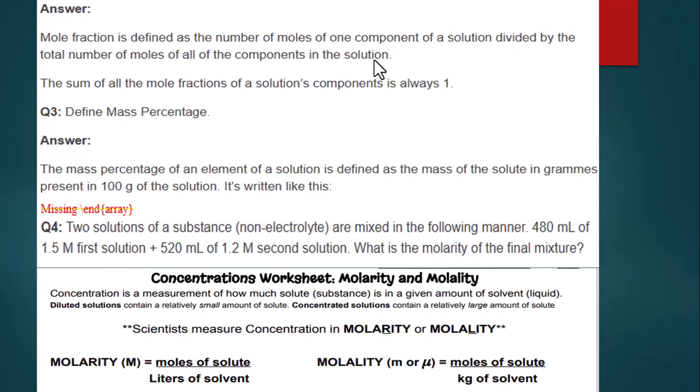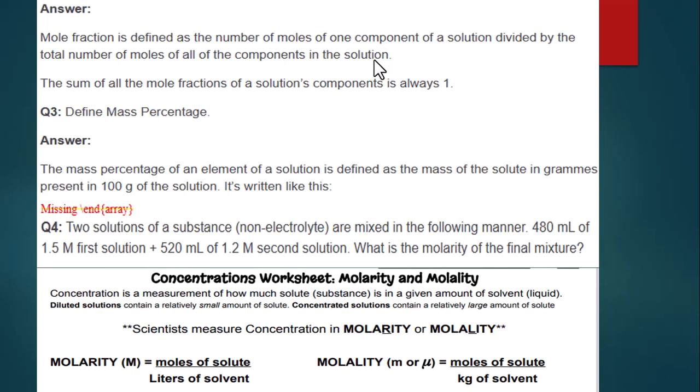So we are saying therefore a mole fraction is the number of moles of one component of interest inside of a solution, and we divide that by the total number of moles of all the components in the solution. So for example, let's say we have more than one substance which is a solute that we dissolve inside of a solvent. For example, let's take 3.